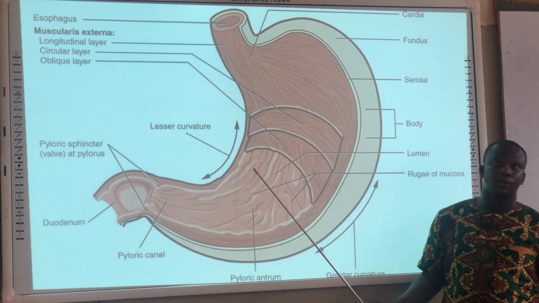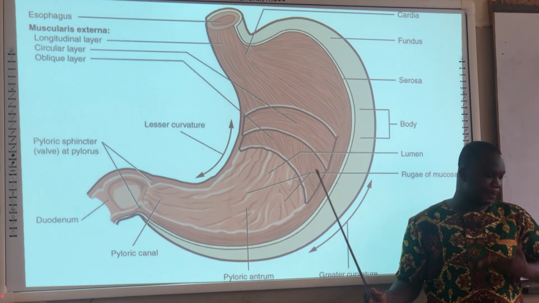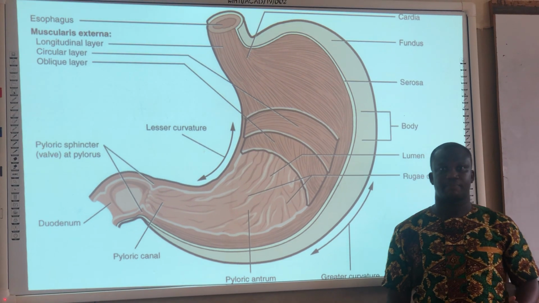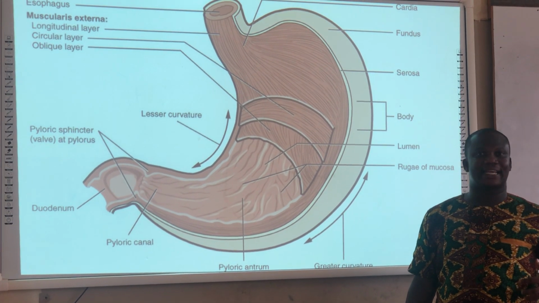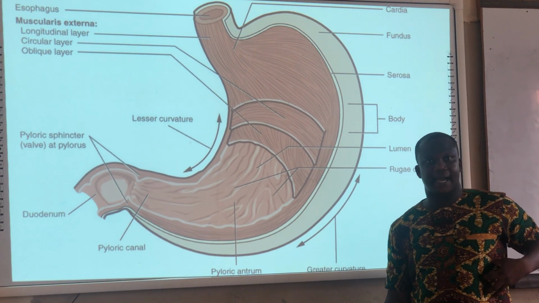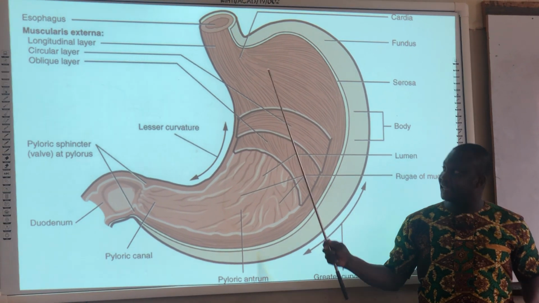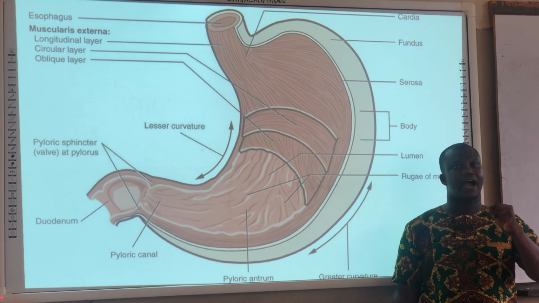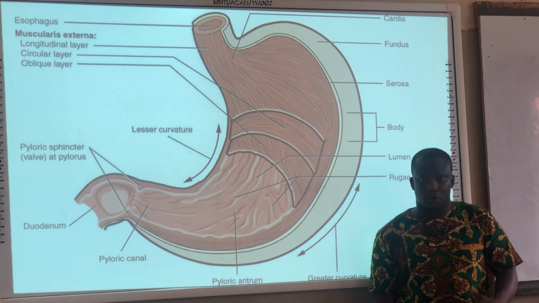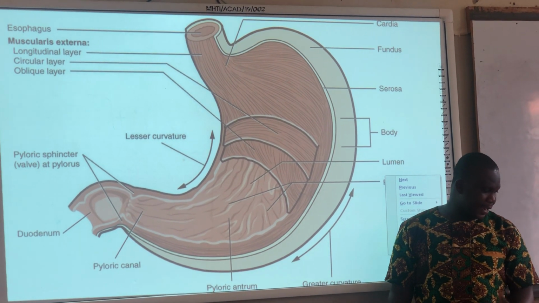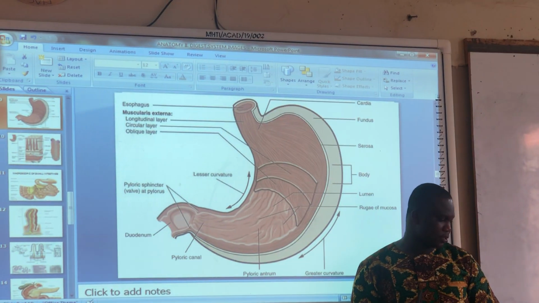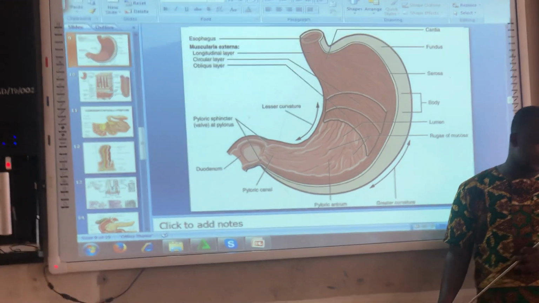As you all know, the stomach lies below the diaphragm, and it is located in the left upper quadrant of the abdomen. Again, the stomach can be found at the umbilical or epigastric region of the abdomen.